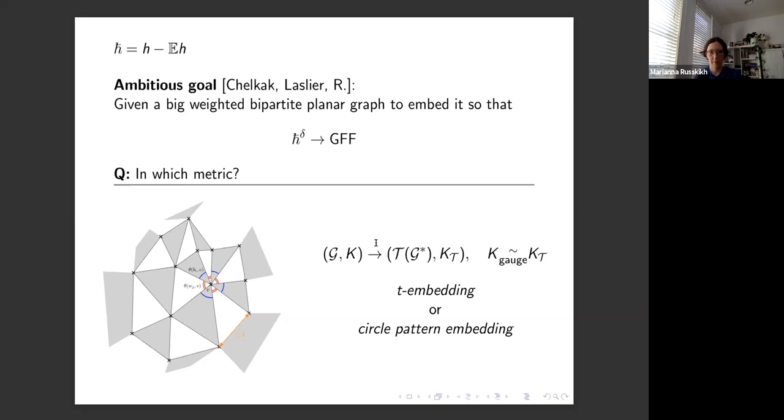So the goal is to show that given any planar bipartite graph with real Kasteleyn weights, we can embed it in such a way that I just explained, right? And I explained how to define geometric Kasteleyn weights on such an embedding.